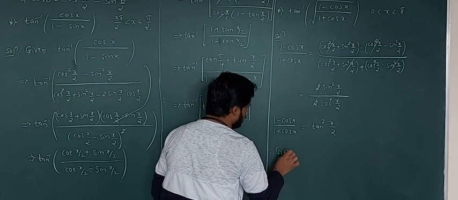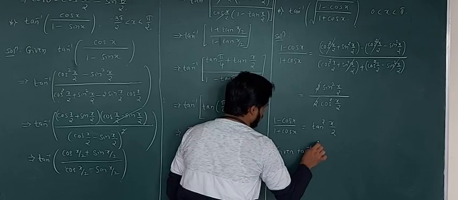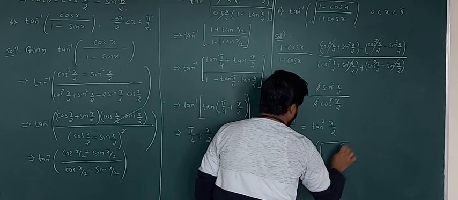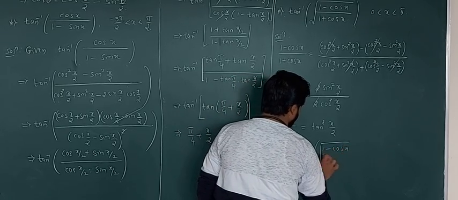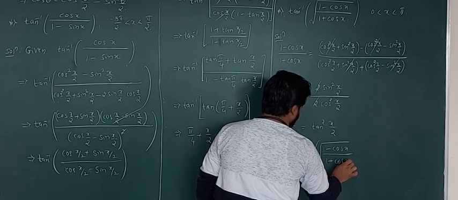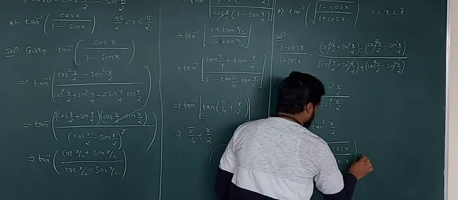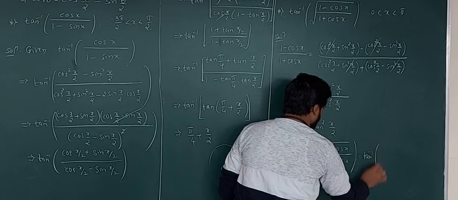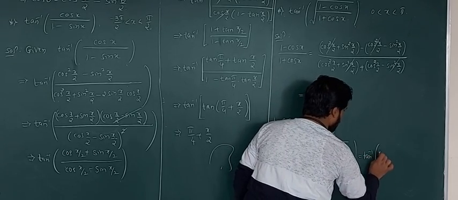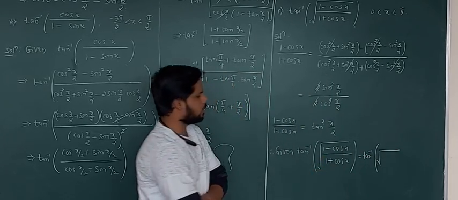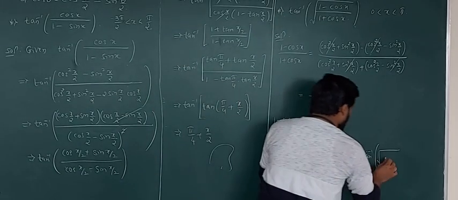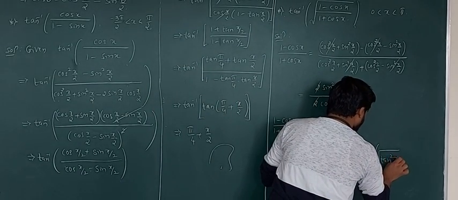the given expression is tan inverse of square root of 1 minus cos x divided by 1 plus cos x. This can also be written as tan inverse of square root of tan square x by 2, because we know that 1 minus cos x divided by 1 plus cos x is equal to tan square x by 2.